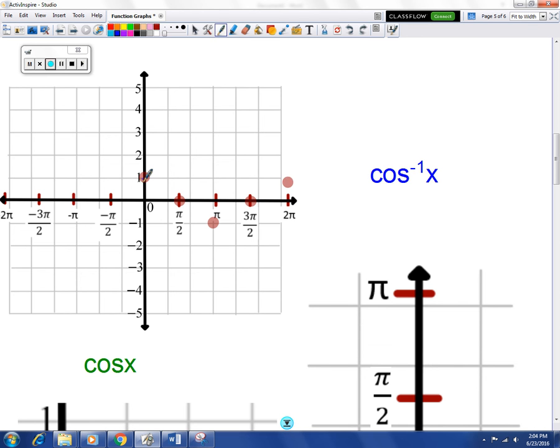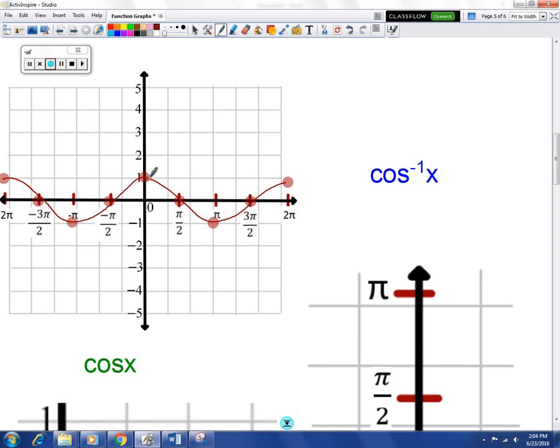So that's one cycle or one period of a cosine. Of course, I could do another one on the left. It's good practice to do.